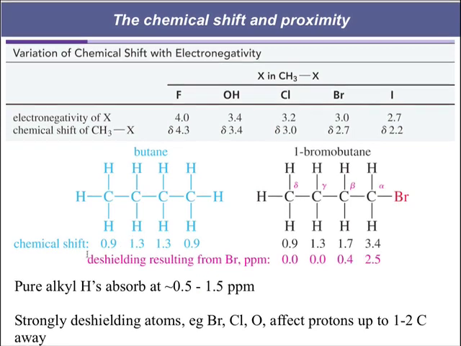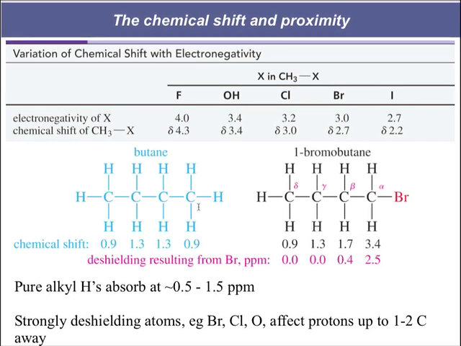So we can see the deshielding that results from the bromine in ppm. Our alpha hydrogens are deshielded by 2.5 relative to where they were before. Our beta hydrogens are deshielded by 0.4 relative to where they were before, 1.3 to 1.7. But beyond that, we have no deshielding.